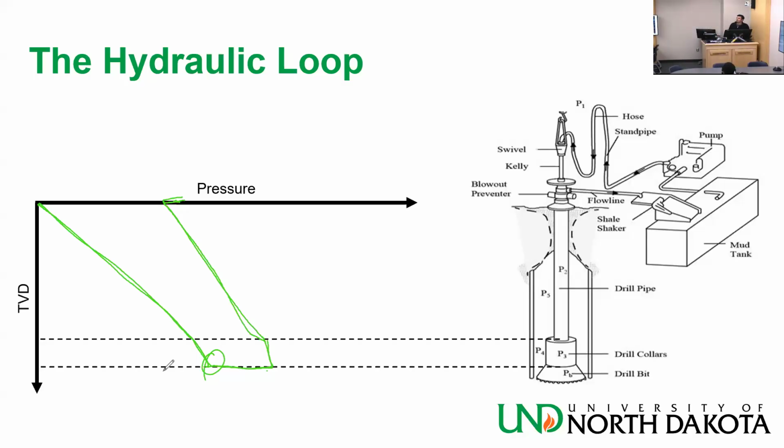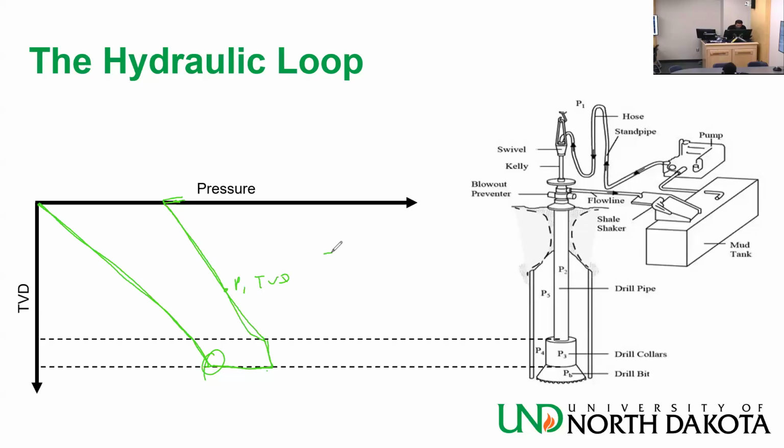How do you convert the pressure and depth to density equivalent? Say here, I have pressure P, and I divide by the TVD, the depth. How do I do that into equivalent density?